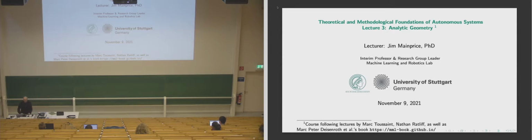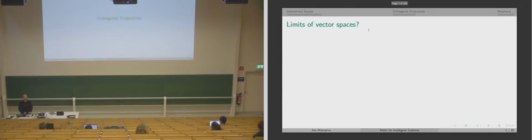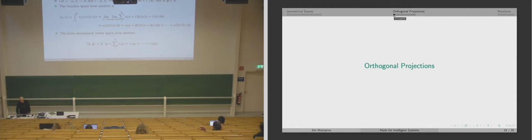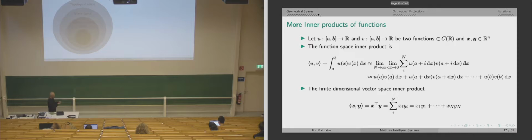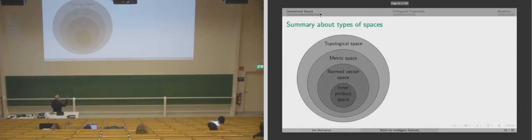I'm going to jump to where I was last week. We stopped at the end of these. What we talked about last week was inner products, and at the end there's a summary slide, where we introduced a bunch of things on top of our vector space.